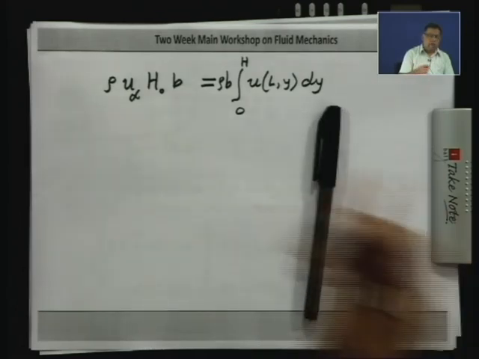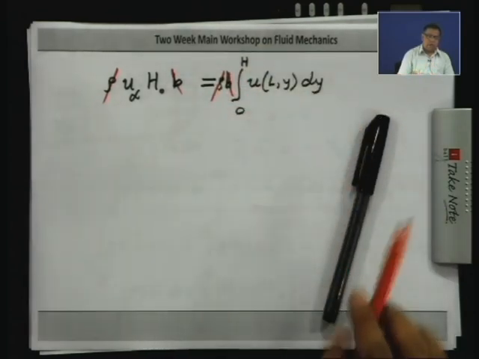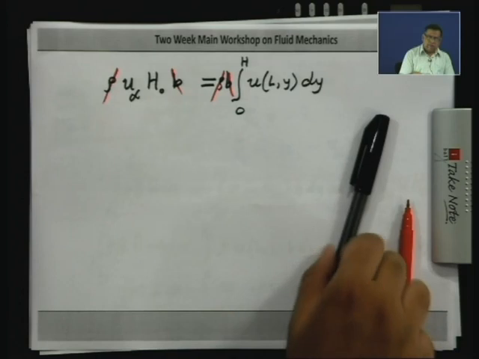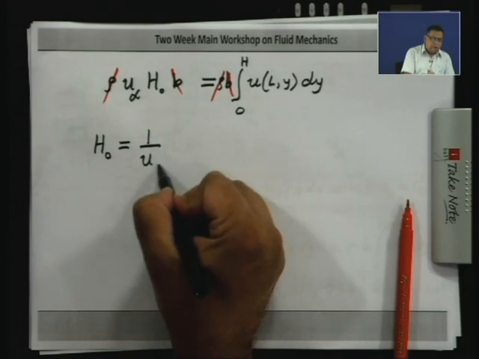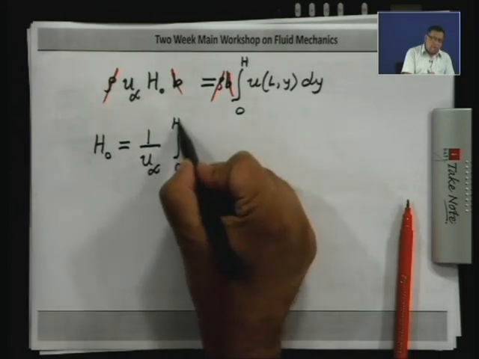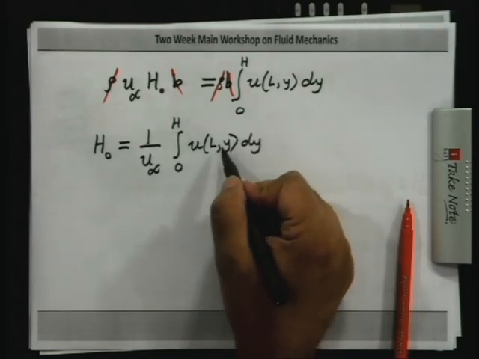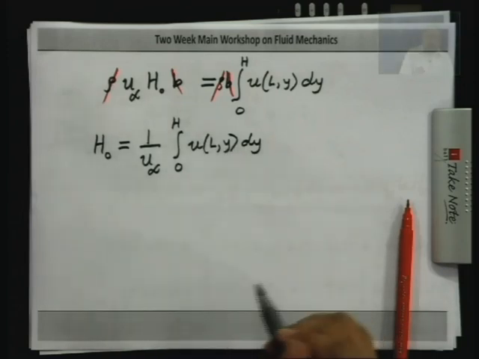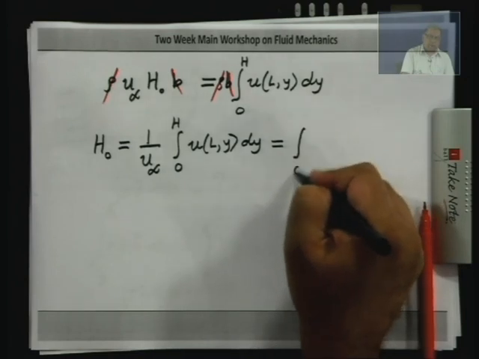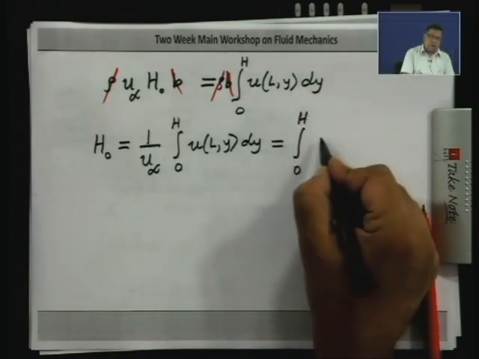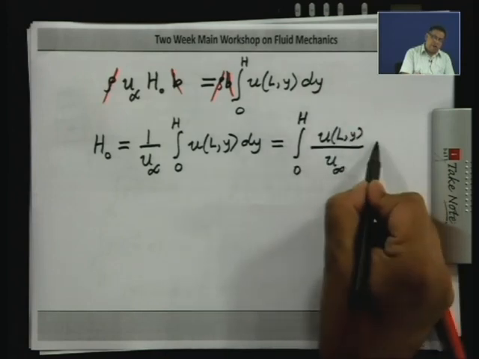Now, since rho and b are constants, they cancel out. And we can write h naught as 1 upon u infinity integral 0 to h u of L comma y dy. So, this is the velocity variation at x equal to L with y. Now, u infinity being a constant, I can pull it inside the integral and write it in a compact fashion like this: 0 to h u of L comma y by u infinity dy.